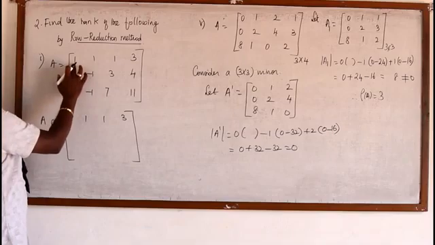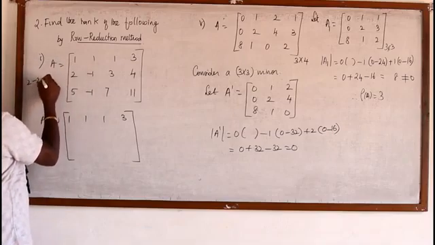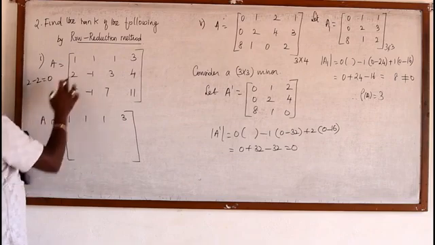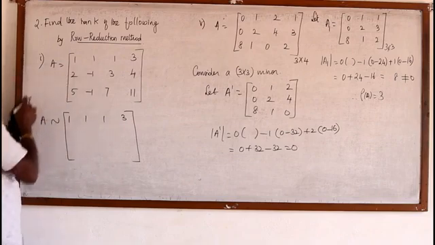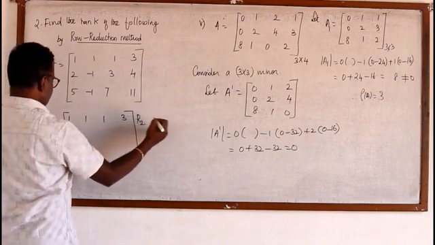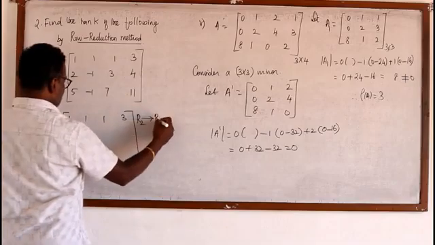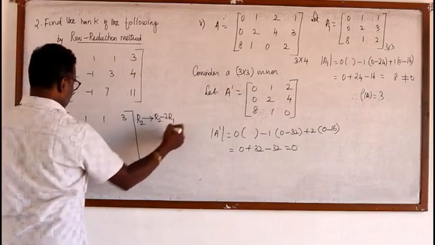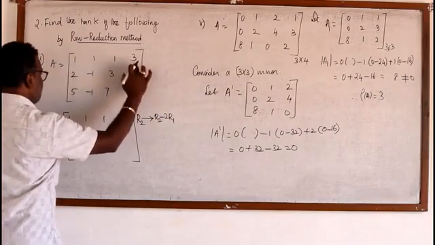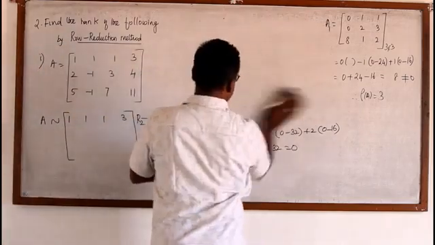Suppose if I multiply the first row by 2, then I get 2. When I subtract this 2, this will become 0, isn't it? And this kind of transformation is called elementary transformation. So what I am doing, I am keeping R1 as it is and I am writing R2 as R2 minus 2R1. That means I am multiplying all the elements of the row by 2.